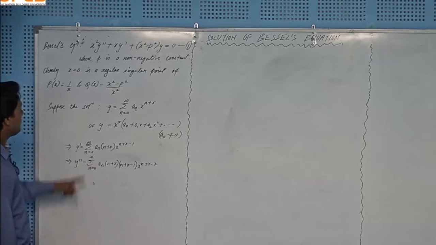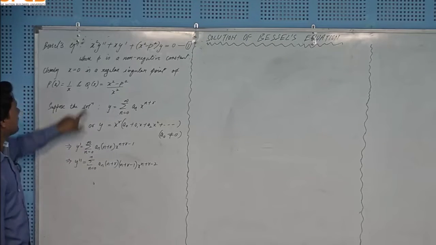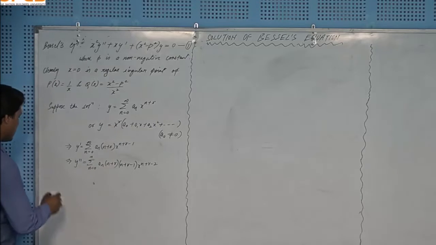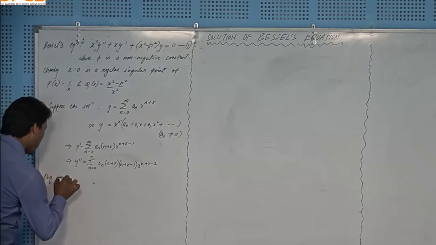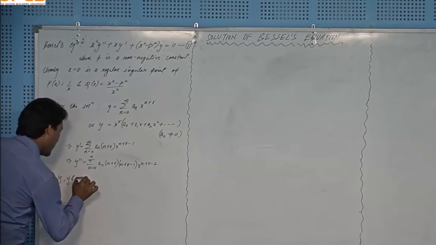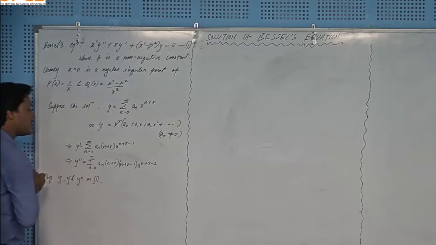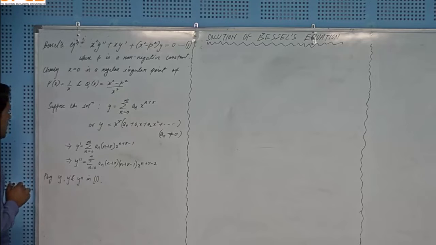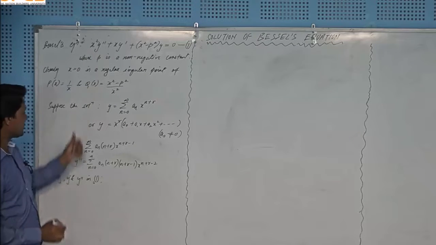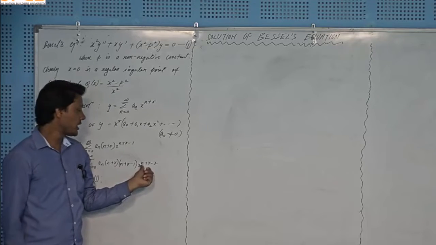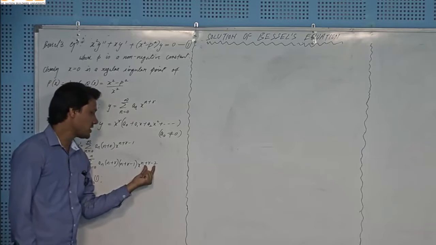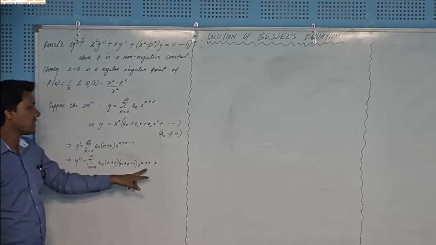Okay, now I will plug those values y, y dash and y double dash into differential equation number 1. If I multiply y double dash with x square, then the power will be reduced to x to the power n plus r, because you already have n plus r minus 2 and you are multiplying it with x square.